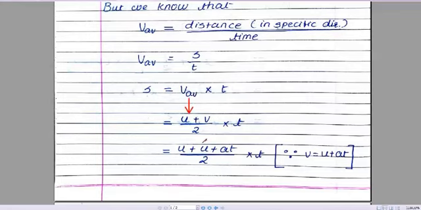We have replaced it because v is equal to u plus at as per our first equation of motion. Now, this 2 will remain the same and this t will remain the same with the multiplication relationship.